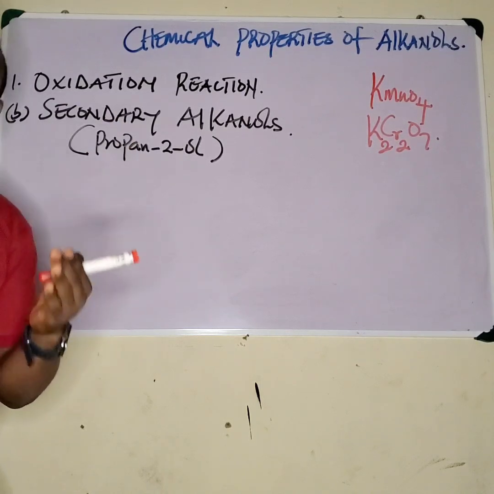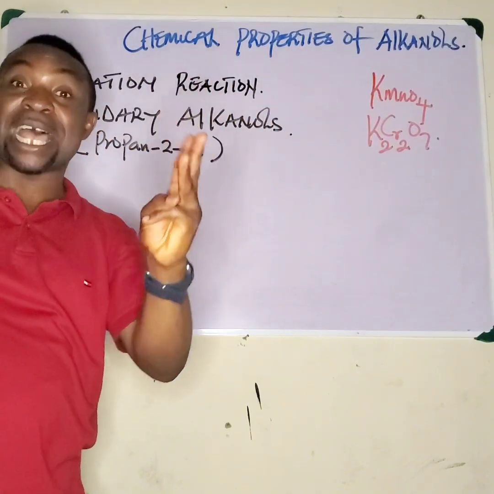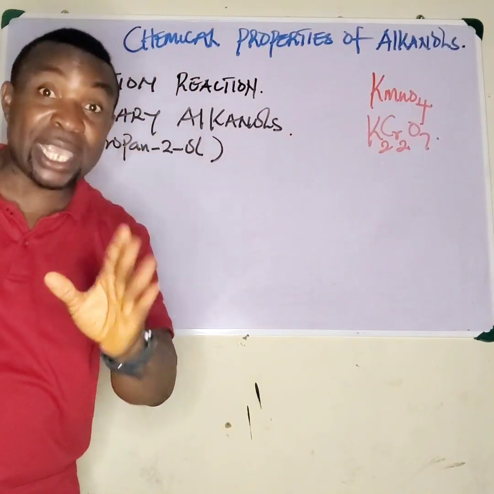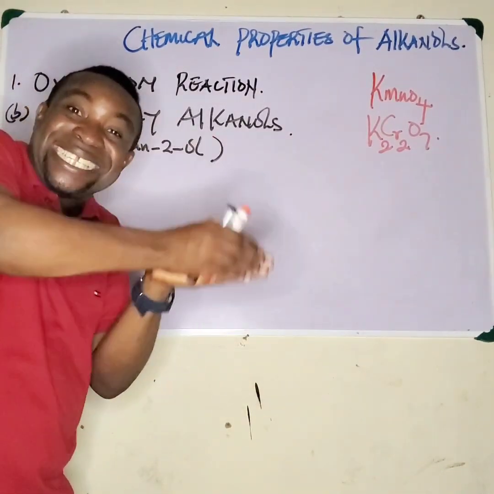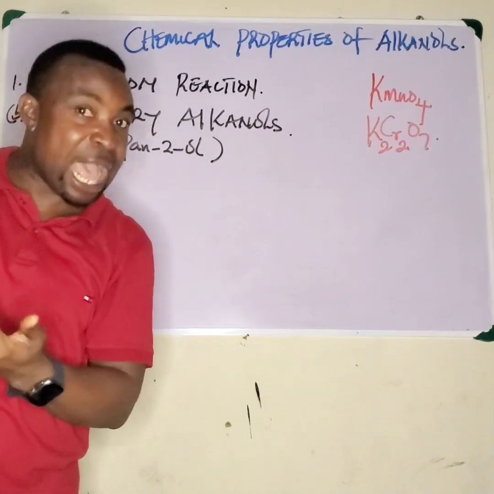In our secondary alkanol, we all know that secondary alkanols have 2 alkyl or phenyl groups, okay? And the OH functional group is attached to the CH atom, carbon hydrogen atom.